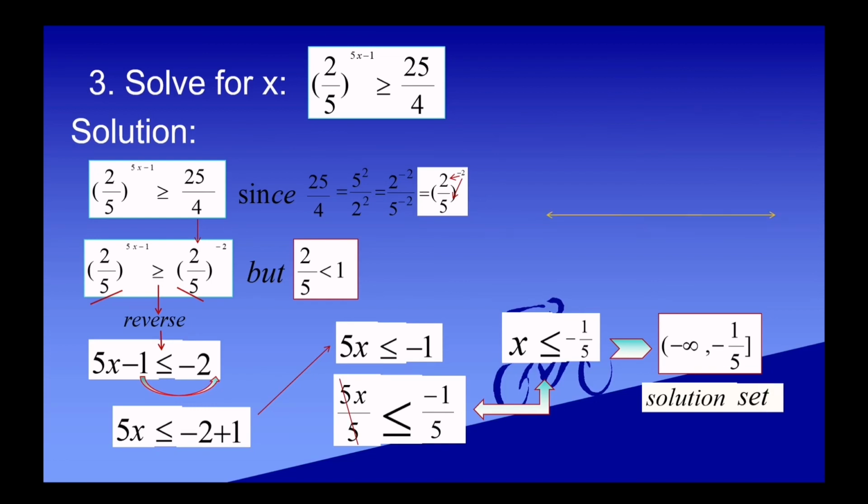So to indicate in our graph, we have the indicator of negative 1 fifth, which is a shaded circle. Ibig sabihin nito, kasali ang value ng ating negative 1 fifth. So the direction is going to the left side, that is negative infinity. So from negative 1 fifth to negative infinity, that is our solution set.